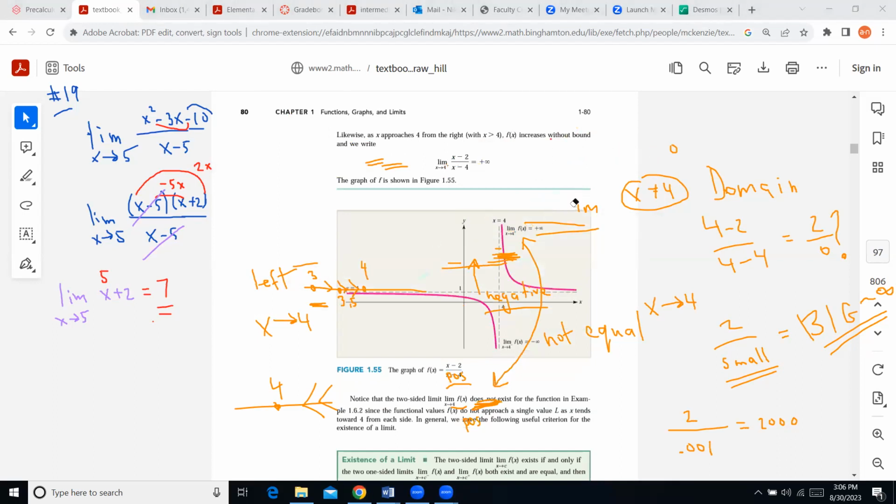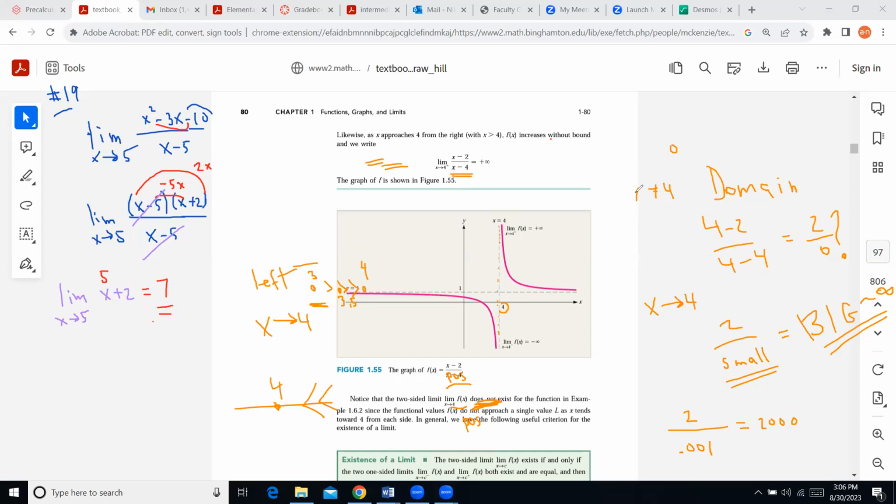See, I was carefully hiding it from you, because now you can see that at point 4, the graph of this hyperbola-like function has an issue. You see, there's no graph. There is actually a so-called vertical asymptote.